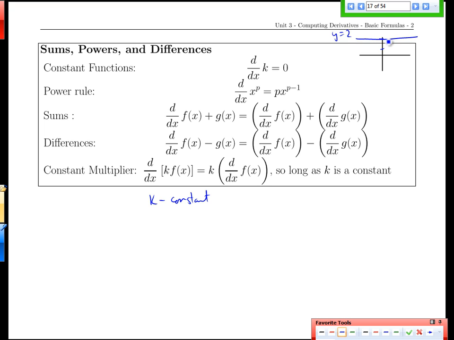Well, the slope is always 0, regardless of where we check. And so the derivative, which is the way to calculate the slope on a graph, will always equal 0 in this case. So do remember that all of these derivative rules harken back to and have parallels in the graphical world. Sometimes they're obvious, like this one.